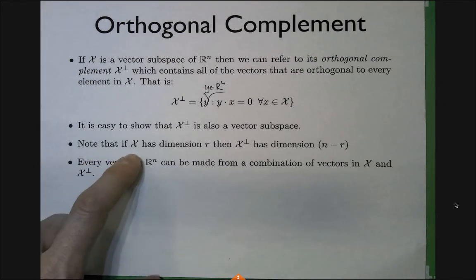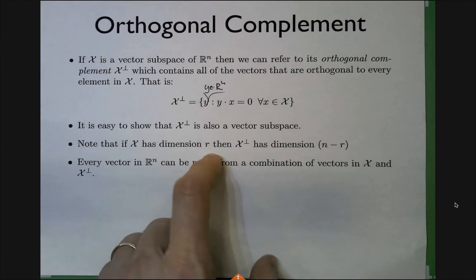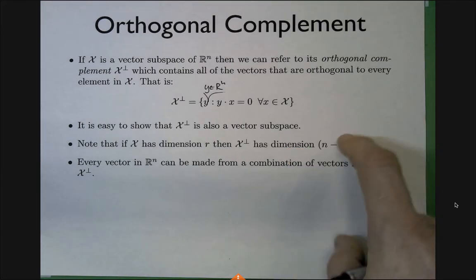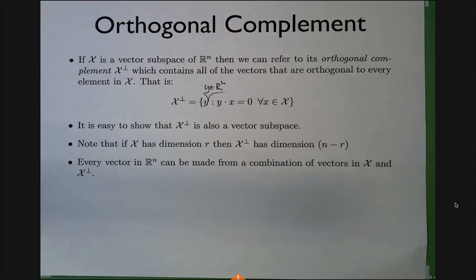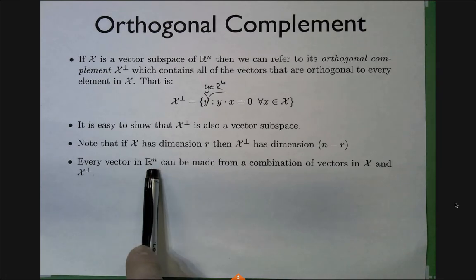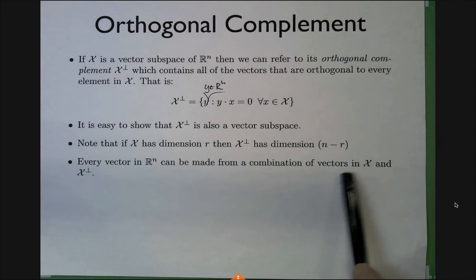That's because if one subspace has dimension r, then the other subspace must have dimension n minus r. Basically, it picks up the entire rest of the space. So any vector in the original vector space can be written as a combination of vectors from X and X orthogonal complement. Maybe let me illustrate this visually.